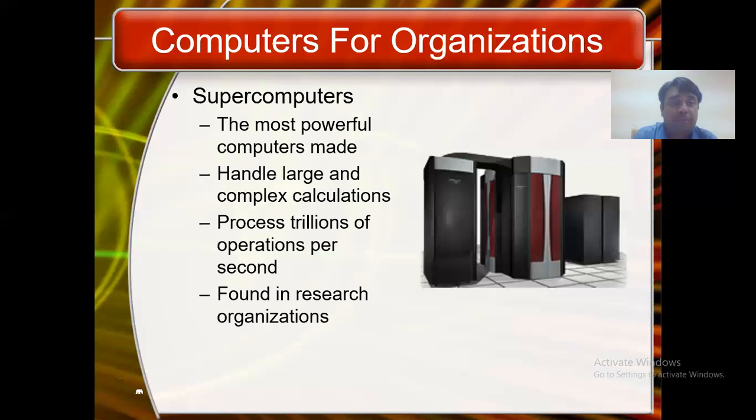Then there is a larger version of the computer, which we call a supercomputer. This is the most powerful computer available, handling large and complex calculations which are normally not performed by a mainframe or minicomputer, or which we cannot even think of on a desktop or other forms of computers, and it performs trillions of operations per second.